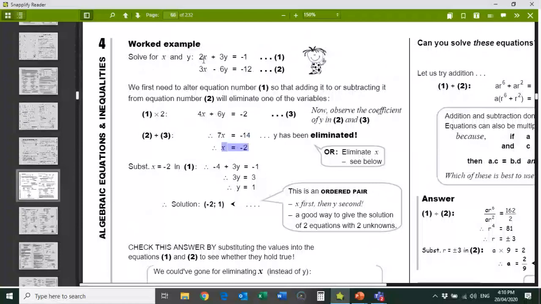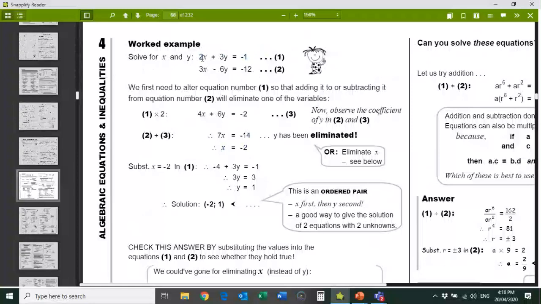So I can either choose 1 or I can choose 2. It's very, very important for you guys to never use 3, because otherwise you won't get the right answer. So I want you to substitute -2 into, let's say, equation 1. All that means is that every time where there's an x, you add a -2.